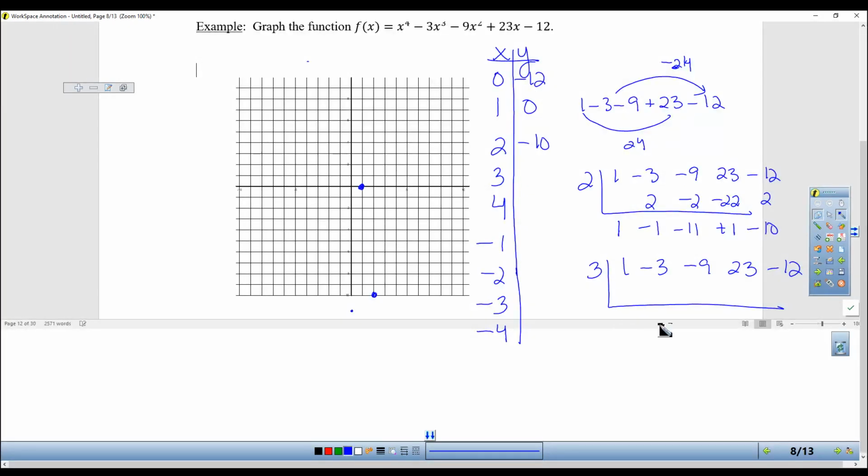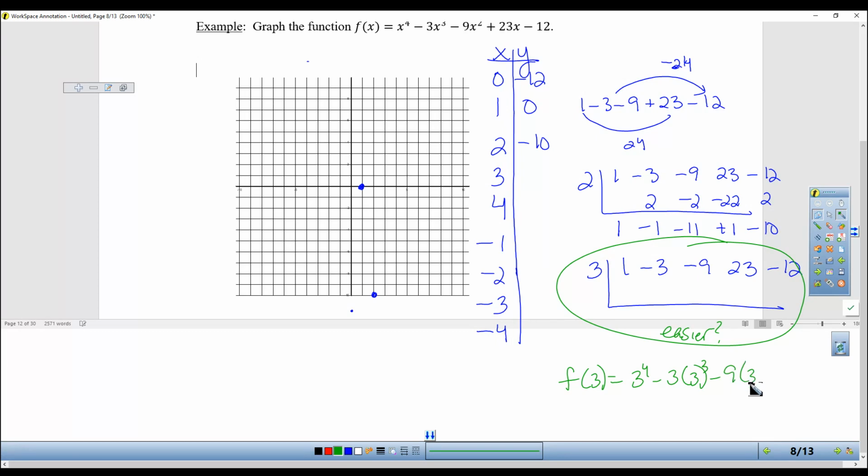So the question is, is this easier than doing f of 3 as 3 to the 4th minus 3 times 3 cubed minus 9 times 3 squared plus 23 times 3? Remember, this is without a calculator, because if this was really a question that you had on a test, it's got a graph, so it's going to be in the no graphing calculator section.